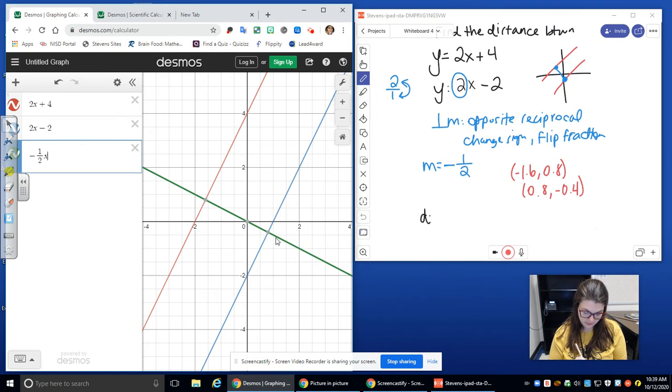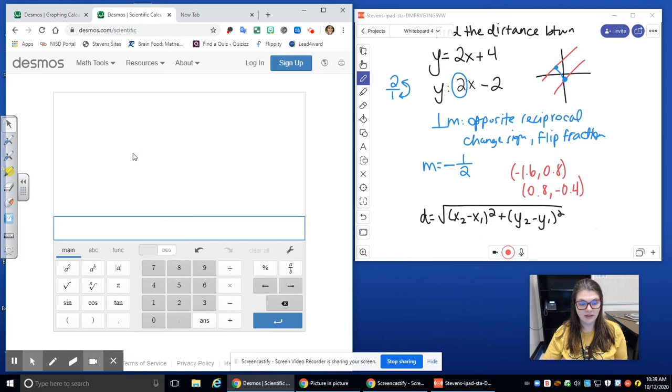That is d equals the square root of the difference in our x's squared plus the difference in our y's squared. In order to find this distance, we need to plug in our x's and y's right here. This is where our second tab comes in handy.